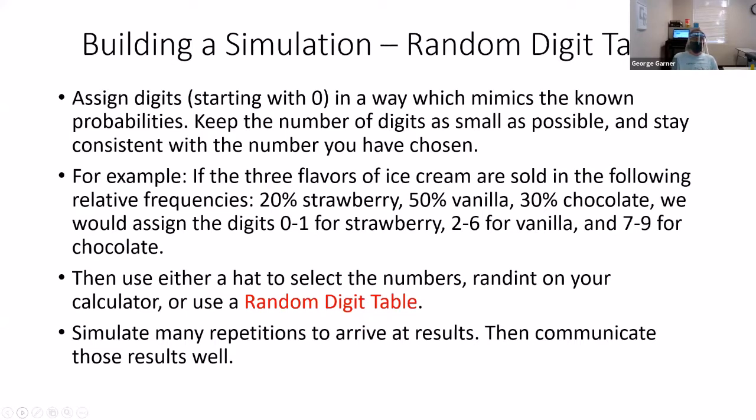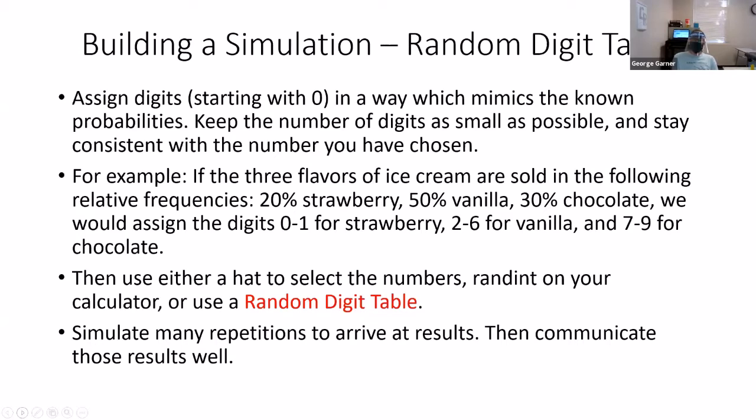So for example, 3 flavors of ice cream: 20% strawberry, 50% vanilla, 30% chocolate. There is not so much detail in those percentages that we would need 2-digit numbers. We can get the first 10 digits and then split them into 20%, 50%, and 30%. So 0 and 1 would be for strawberry.